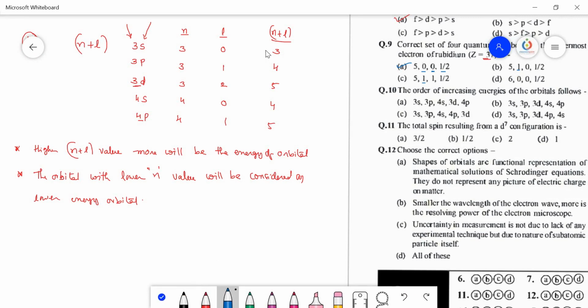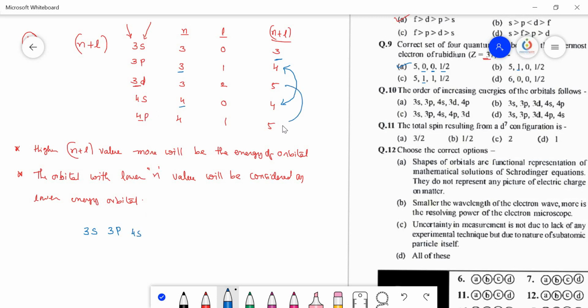So let us see here. The n plus l value is lowest for the 3s orbital, so 3s comes first. Next, there are two orbitals with the same n plus l value, 3p and 4s. In 3p the n value is less, but in 4s the n value is more, so 3p is considered the lower energy orbital. So next electrons go to the 3p orbital, and then immediately to the 4s orbital.